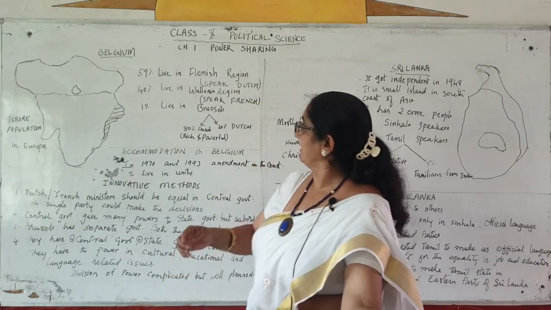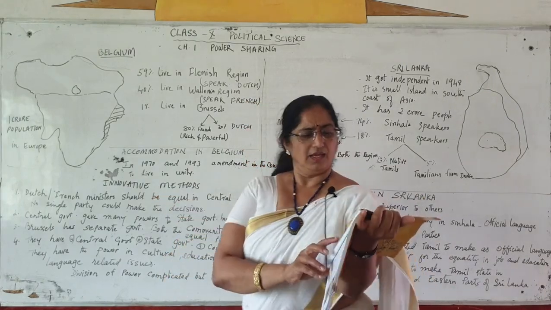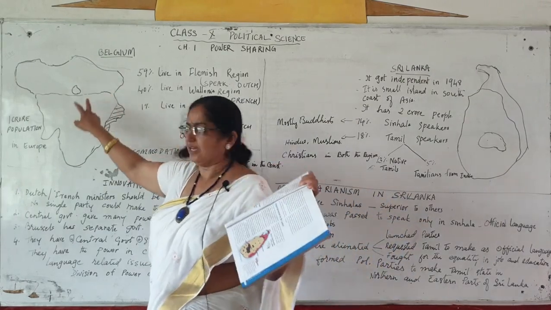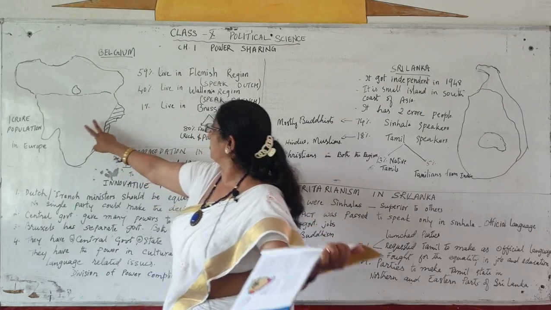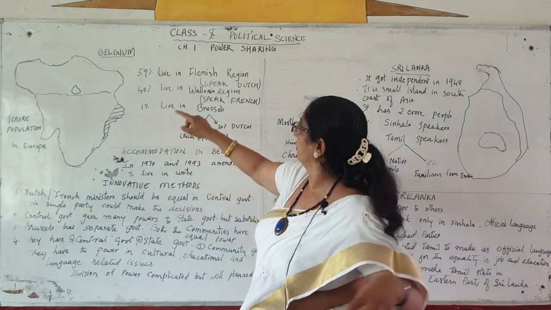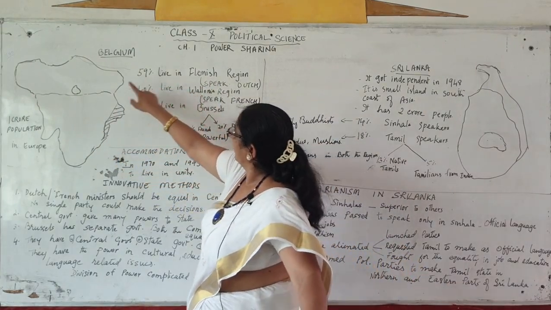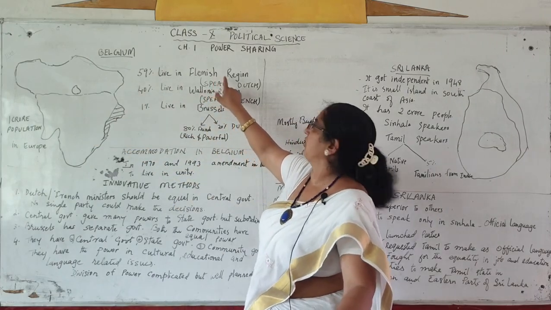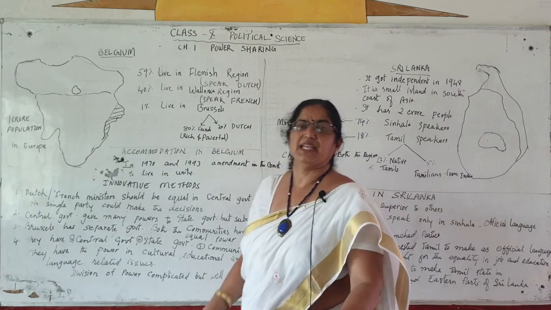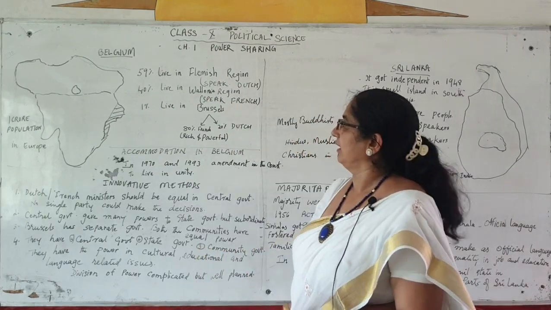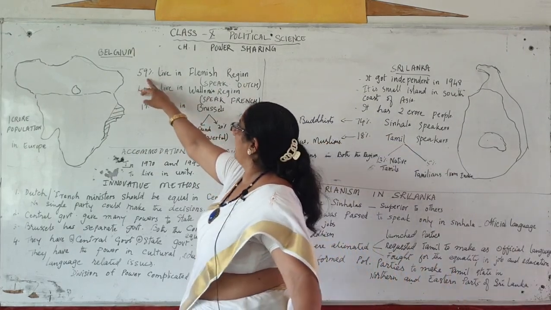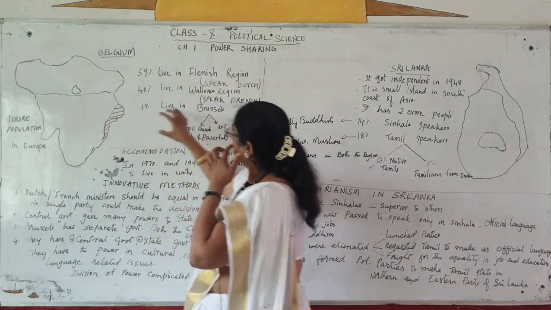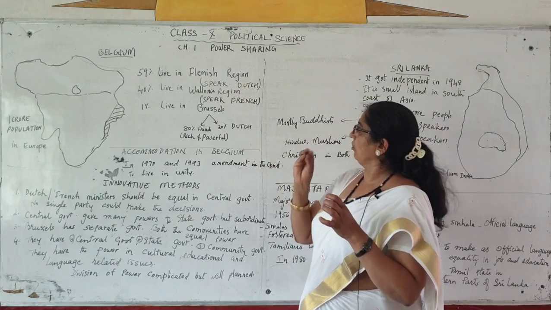Now what happens here? This particular region and this particular region, I will explain to you. 59% live in Flemish region and they speak Dutch. In Belgium में 59% Flemish region में, अब उसमें कौन सा लोग हैं?